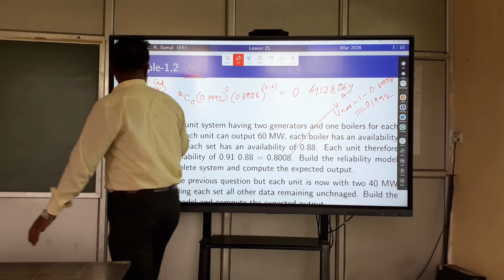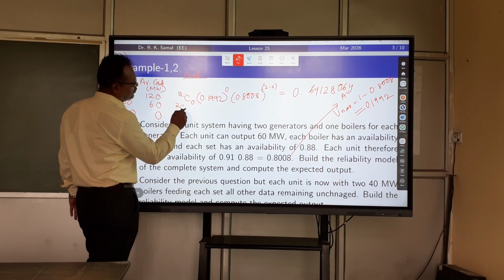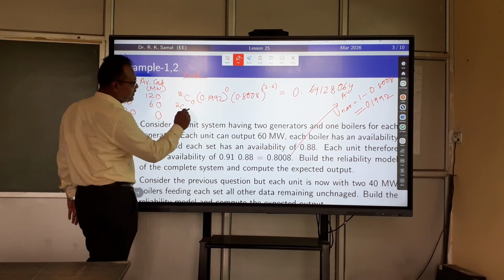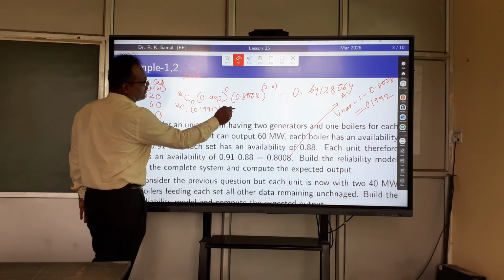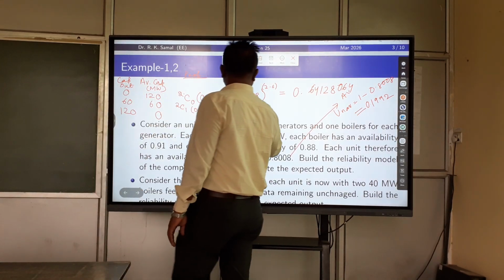Now what is this case? Out of two states, one is unavailable, so that means 0.1992 into 0.8008.